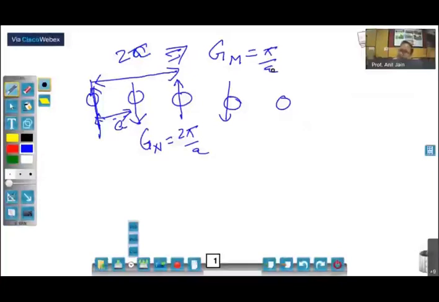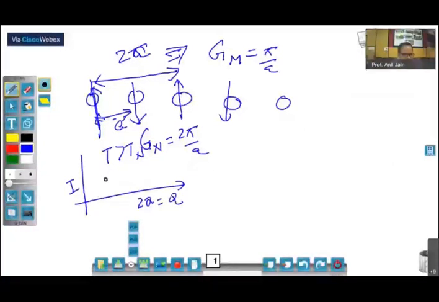Now if you do the experiment with this material below and above the ordering temperature, let us see what happens. So this is T above TN, and here I plot intensity as a function of 2 theta or as a function of Q, where Q is 2pi/a, 4pi/a, 6pi/a.